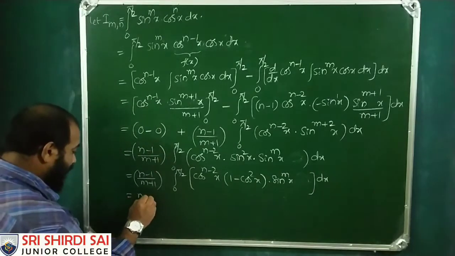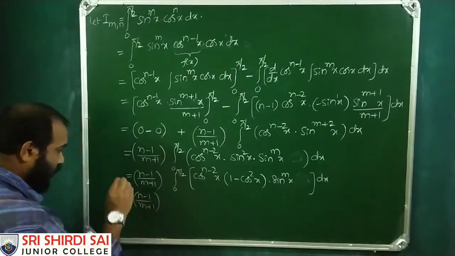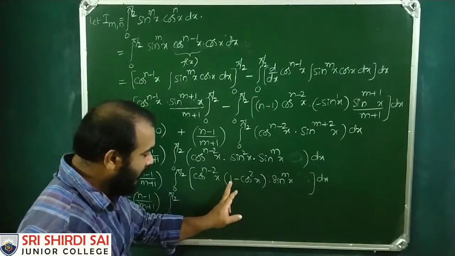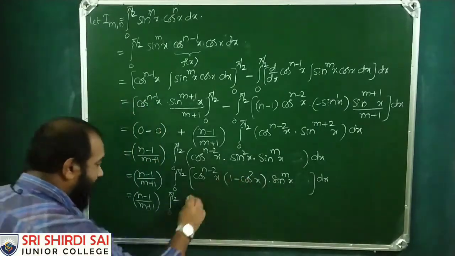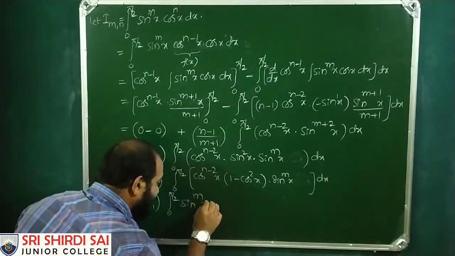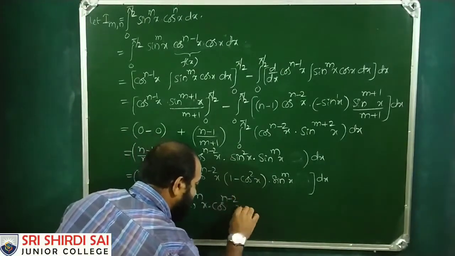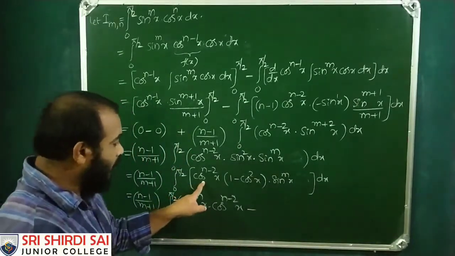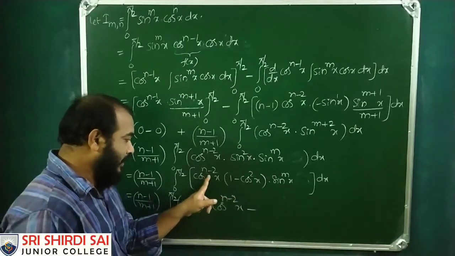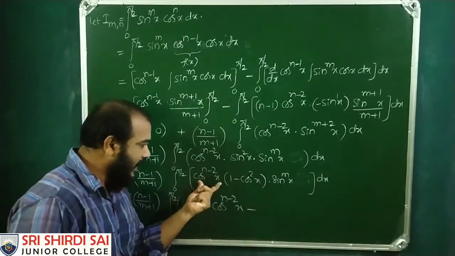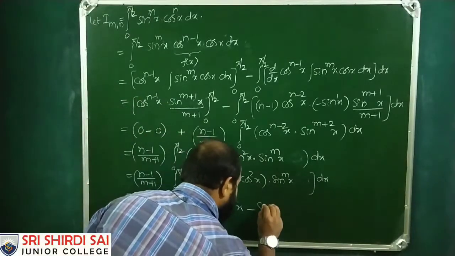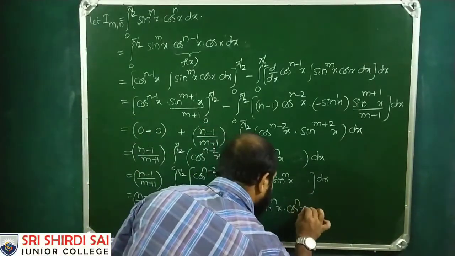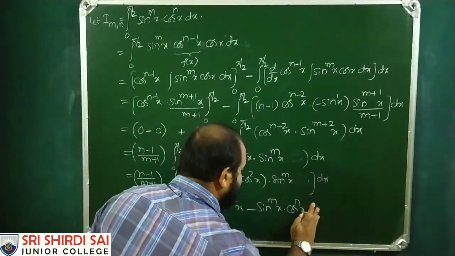Now n minus 1 by m plus 1 into integral 0 to pi by 2 cos power n minus 2 x into 1 into sin power m x. So as a whole this is sin power m x into cos power n minus 2 x, minus this is cos power n minus 2 x into cos square x, n minus 2 plus 2, so cos power n x into sin power m x. So this is sin power m x into cos power n x dx.